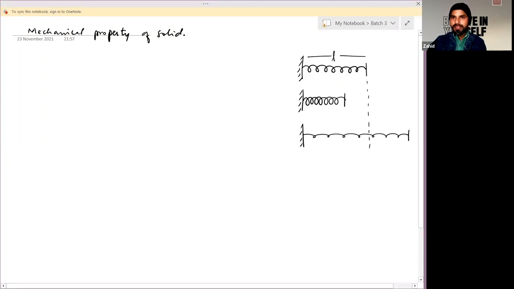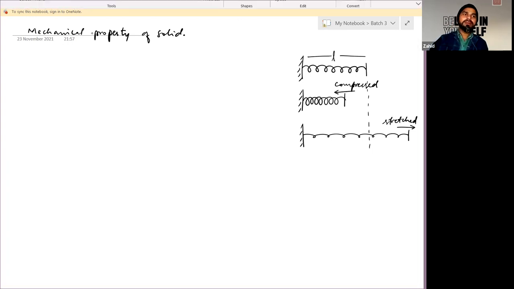So in this part, if you compress it along this direction, or if you stretch it along this direction, a force will develop in it opposite to its compression or expansion. So in this, it will be in this direction, and in this, it will be along this direction.